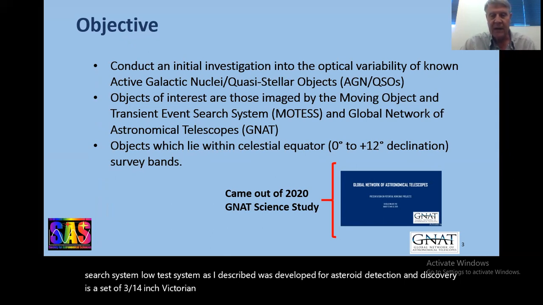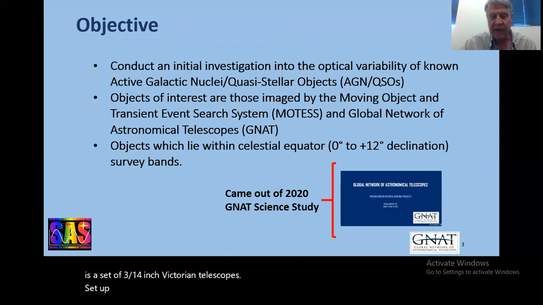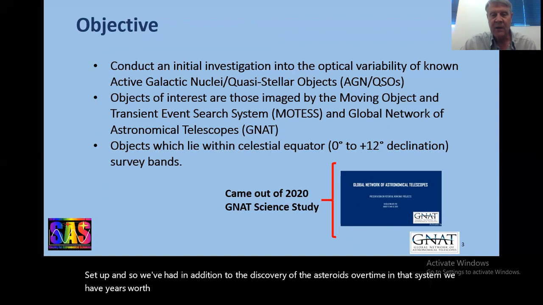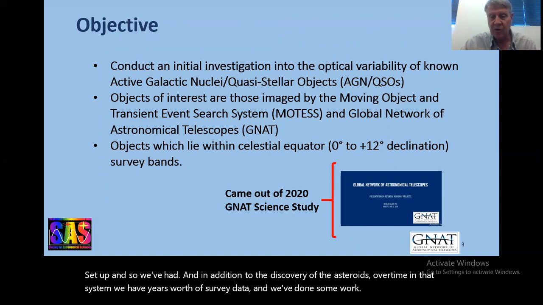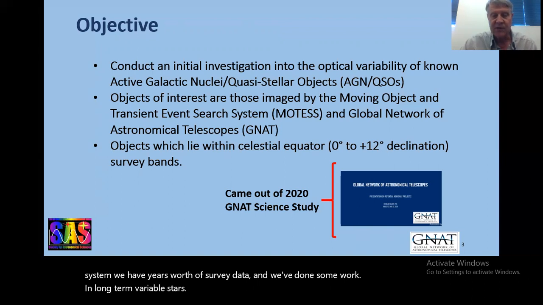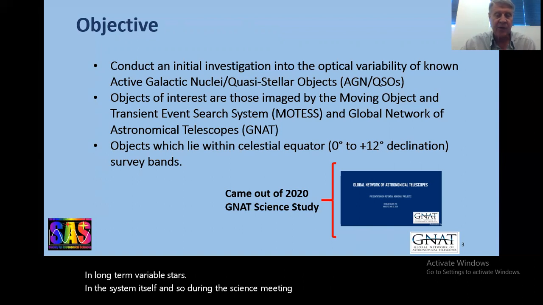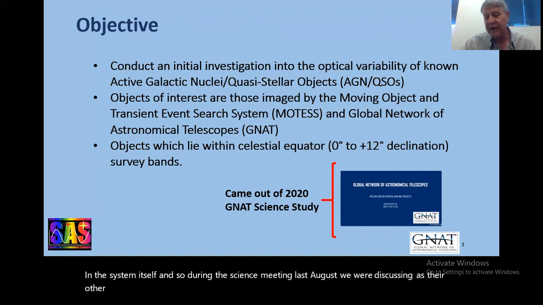In addition to the discovery of asteroids over time from that system, we have years' worth of survey data, and we've done some work on long-term variable stars in the system itself. So during the science meeting last August, we were discussing whether there are other objects of interest in our data sets that we could potentially mine. So that's the genesis of this study here.